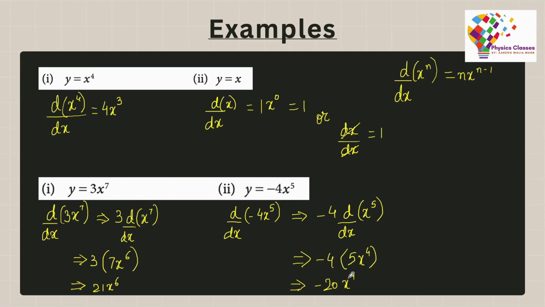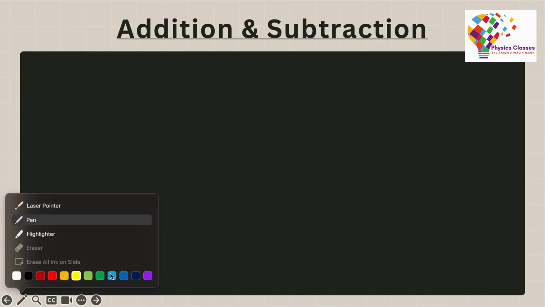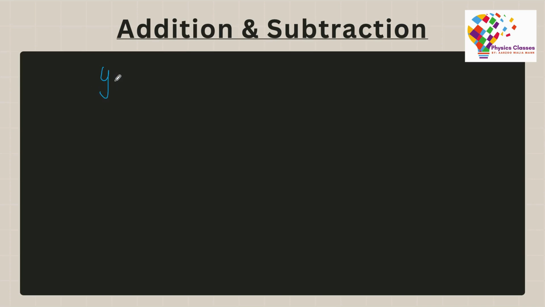Now let us talk about addition and subtraction when you want to differentiate quantities. Let's say I have a function y is equal to a plus b and I want to differentiate y with respect to x. Now if a and b are two functions which are also dependent on x and you want to differentiate them as a quantity on the whole, then first you differentiate a with respect to x and you differentiate b with respect to x. Since a and b have a plus sign in between, you just put the plus in between the derivatives.